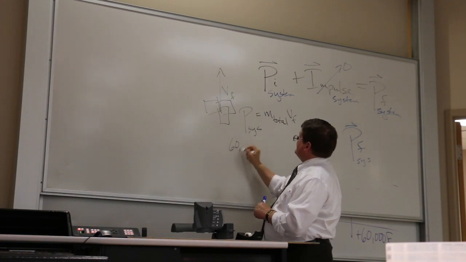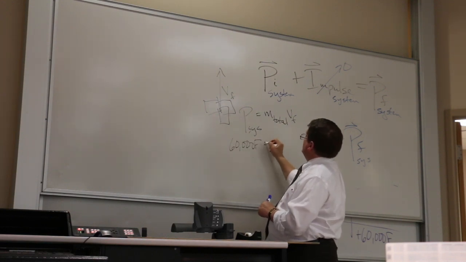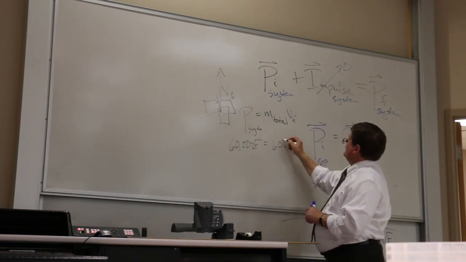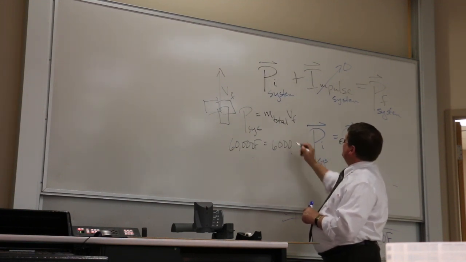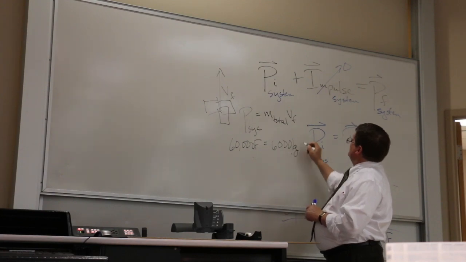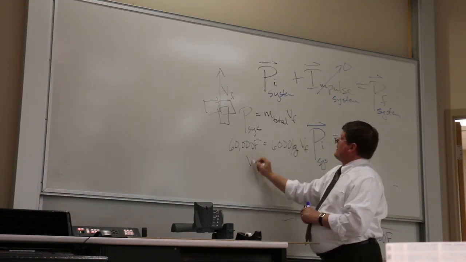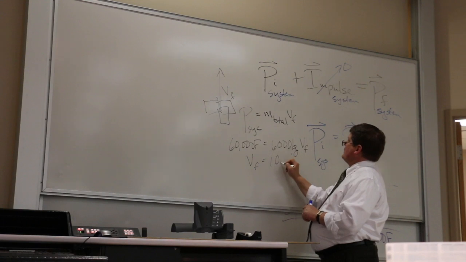So if this is 60,000 kg·m/s, and I've got 6,000 kilograms, then my V final is going to be 10 meters per second.